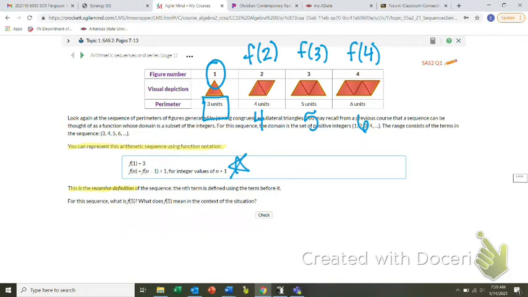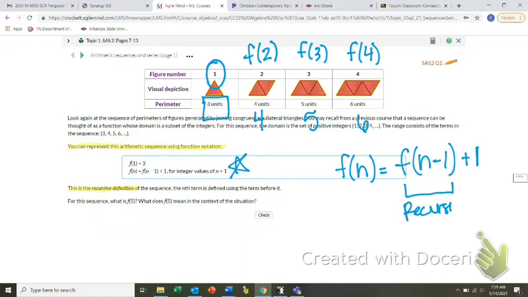Now, however, okay, so we know f of 1 equals 3. We are given a function rule right here. F of n equals f of n minus 1 plus 1. All right, that n minus 1 right here is the recursive definition, okay?